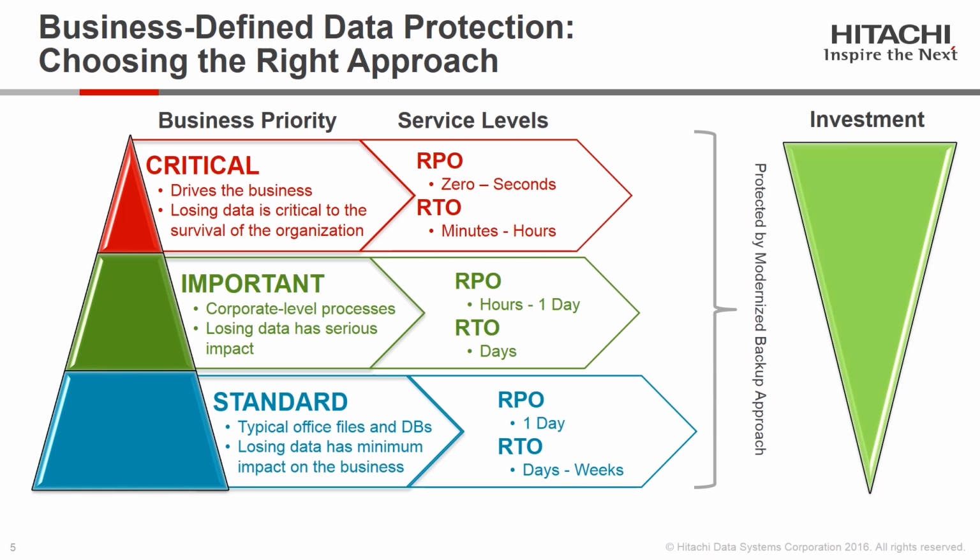Logically, the investment spent on protecting mission-critical data from per gigabyte perspective should be higher than others. Likewise, technologies used to protect the important data will be able to deliver intermediate RPO and RTO service levels. The investment spent on protecting important data from per gigabyte perspective should be in between the critical and standard ones.